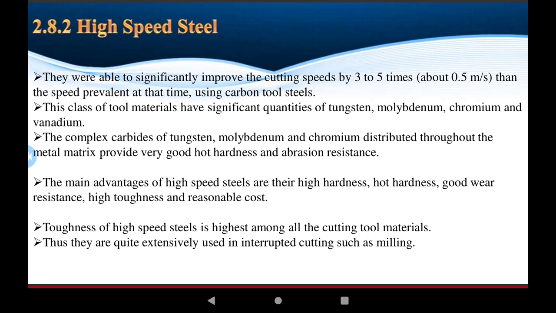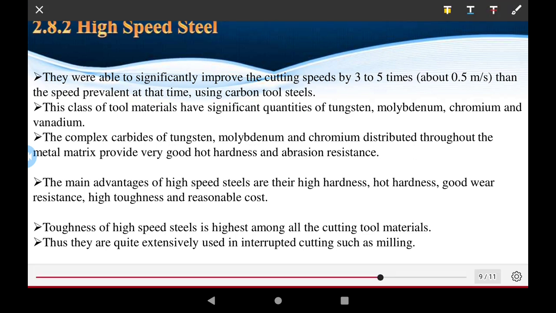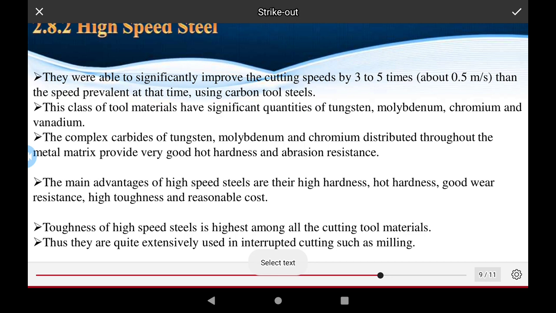High speed steel has the ability to significantly improve the cutting speed, by 3 to 5 times the 0.15 meter per second that was then possible using carbon tool steel. This class of tool material has a significant quantity of tungsten, molybdenum and chromium, and vanadium is also added to increase the strength.